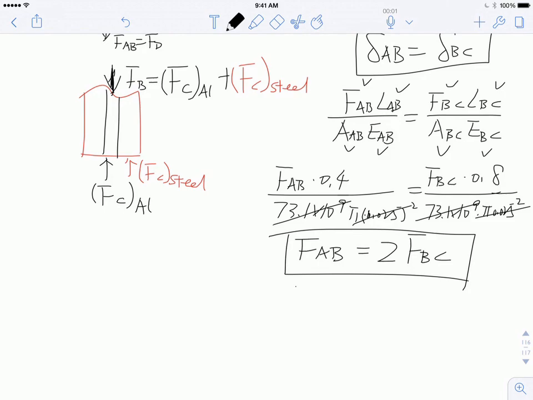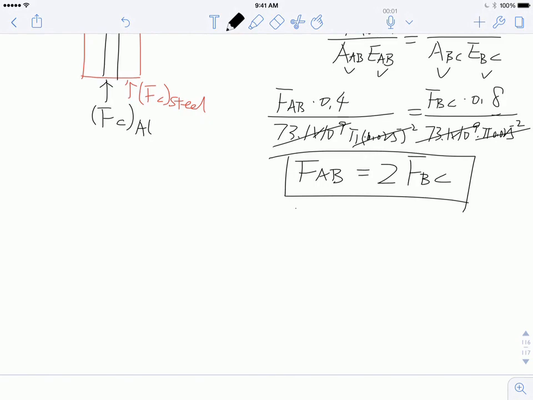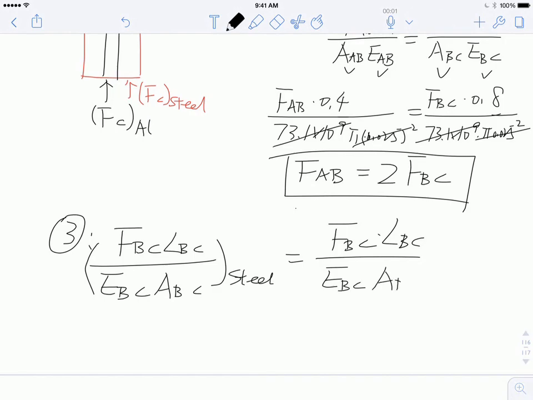Then the next thing is, we want to know one more, right? The one more is right here. So equation 3, aluminum and stainless steel have the same displacement. Okay, so let's solve for that. Stainless steel, F_BC from equation 3 by the way, L_BC over E_BC and A_BC for stainless steel, that is equal to F_BC, L_BC, and E_BC, and then A_BC for the aluminum.